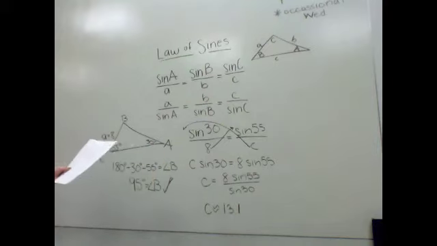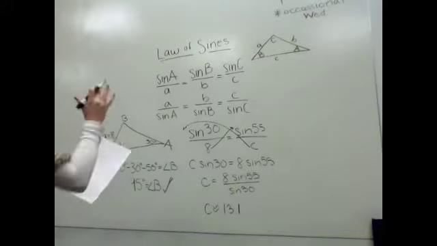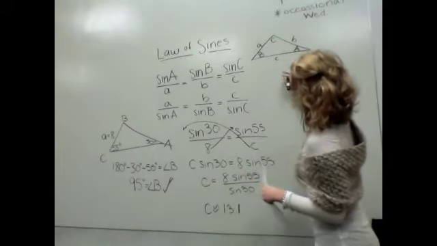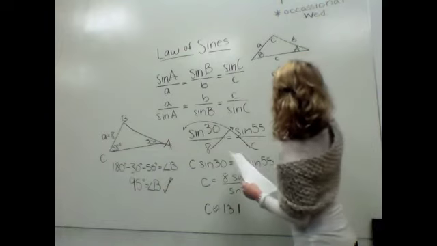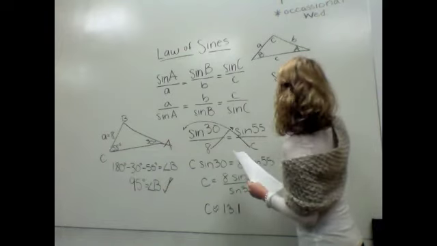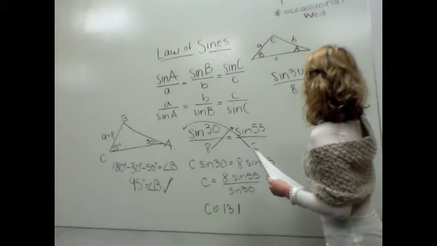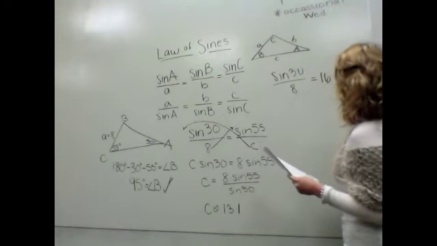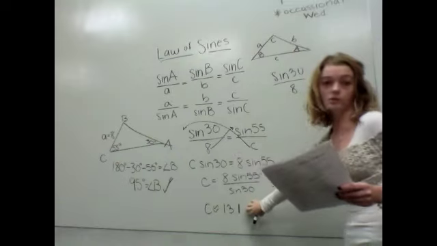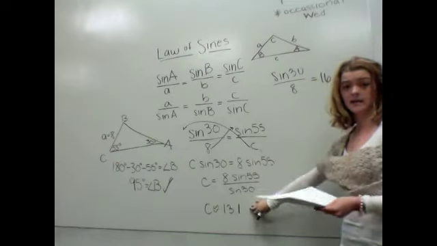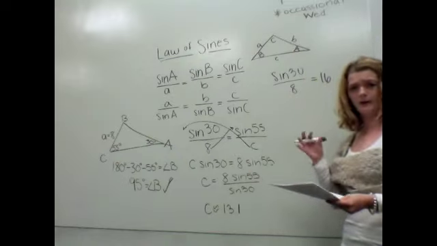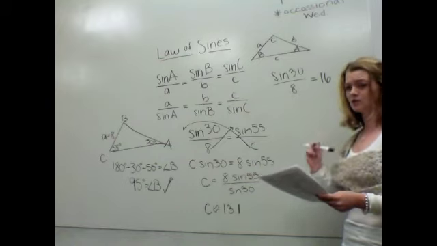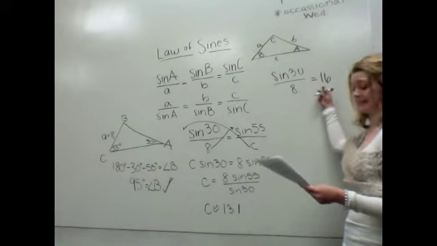Like I said before, you can check this. Okay, we can plug it back into our ratios. So the ratio for side A and angle A, so my sine of 30 over 8, if you were to type in this ratio, you would get 16. Now, because I am rounding throughout, when I go to plug it back in, I know that I'm going to be a little bit off, probably by about a tenth, and that's okay, because I'm rounding, as long as it is close enough to my original ratio of 16.